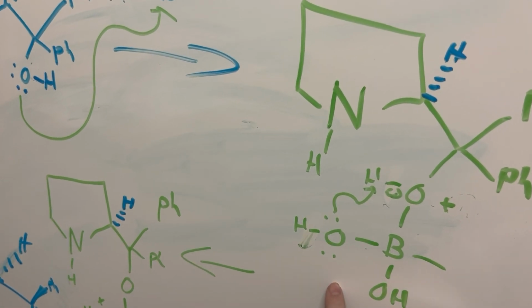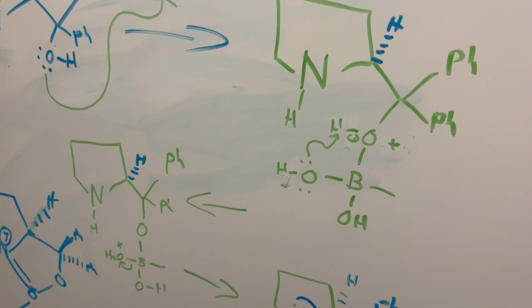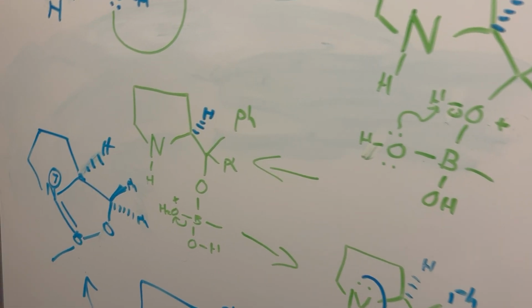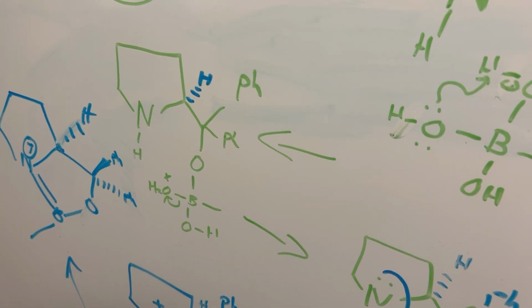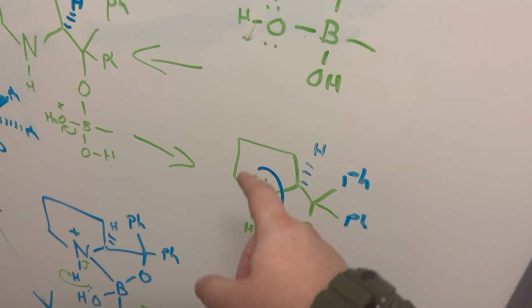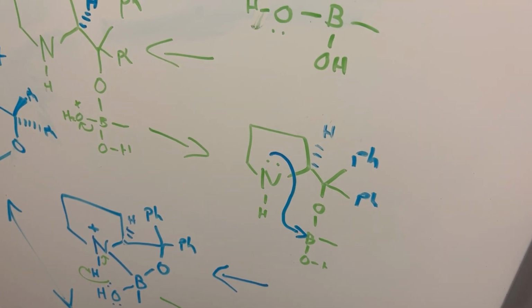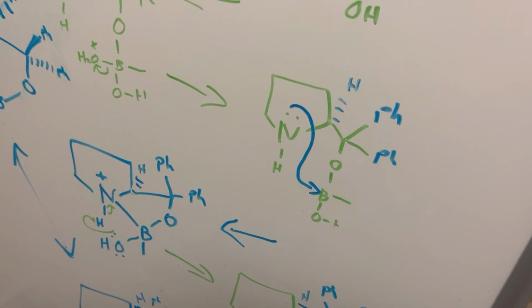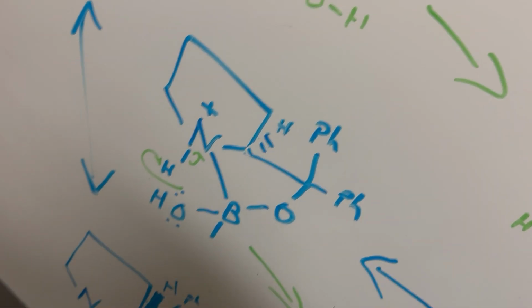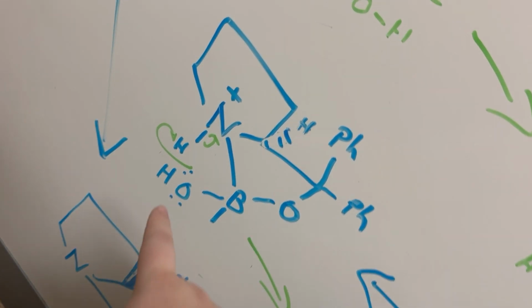So one of the OH groups picks up a proton, which makes a good water leaving group, which leaves. And then that lone pair on the nitrogen wants to bond to boron because boron is never happy, which makes that complex where the nitrogen and boron are bound with this hydrogen.